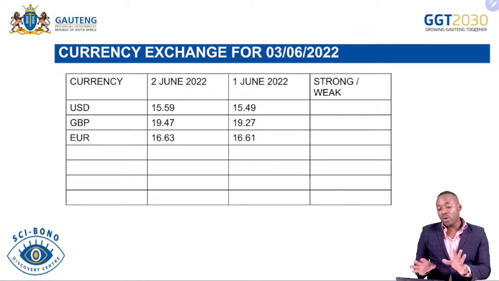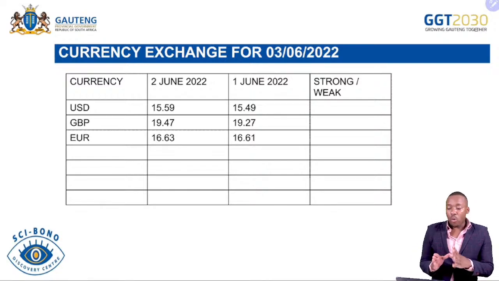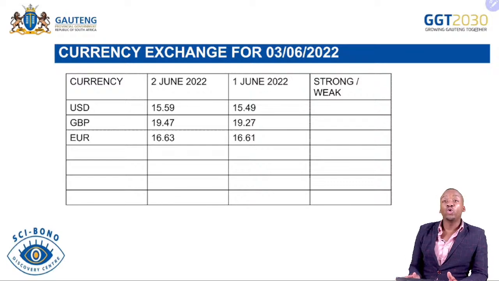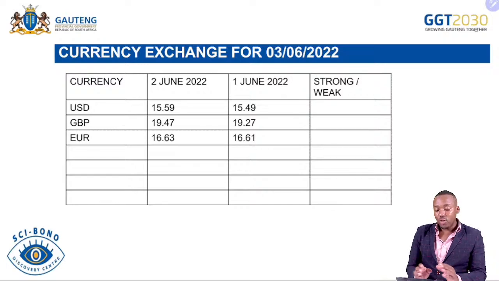Right. Then we have this particular table. You will know that on the news every day, if you watch the news and read the newspapers, they normally talk about the exchange rates time and again. So here we normally compare 2 days. We compare what happened today with what happened yesterday. So this is how you will know. You will come across a table like this.